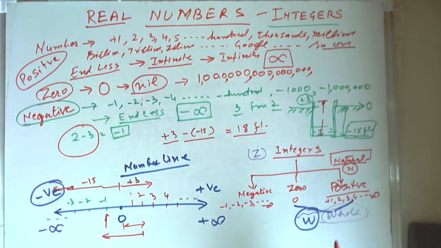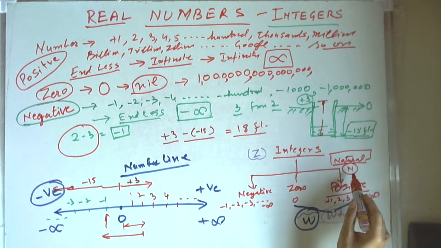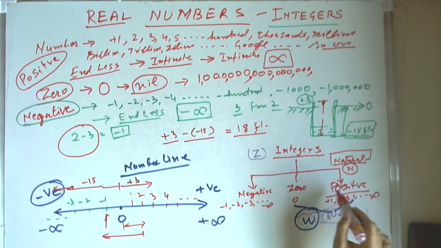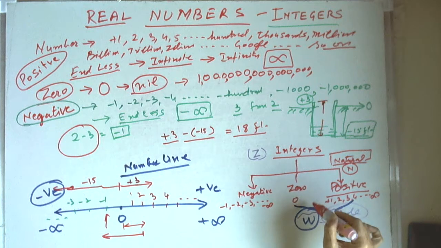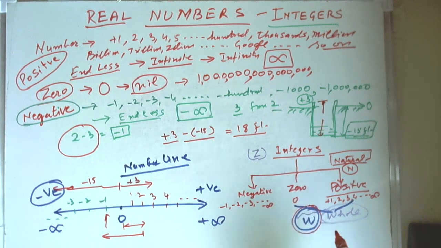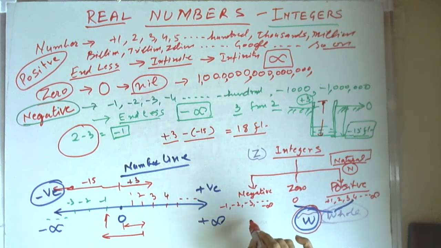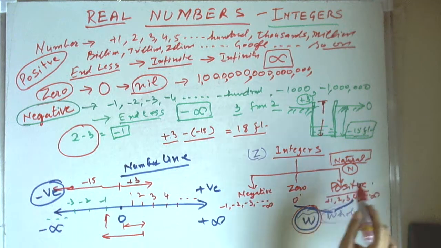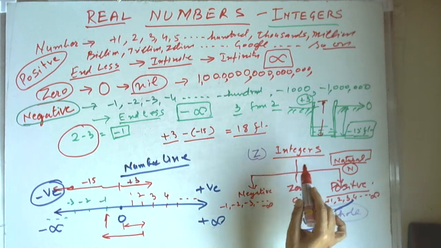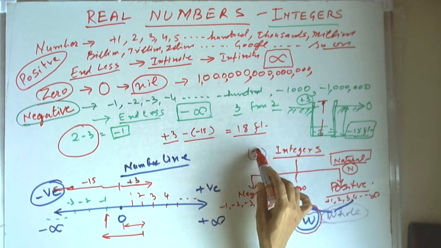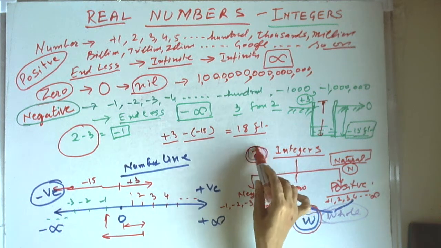The positive numbers are called natural numbers, and they are represented by the symbol N. The positive numbers including 0 are called whole numbers, and they are represented by the symbol W. And the whole set of integers which includes negative numbers, 0 and positive numbers is called integers, and this is represented by the symbol Z.